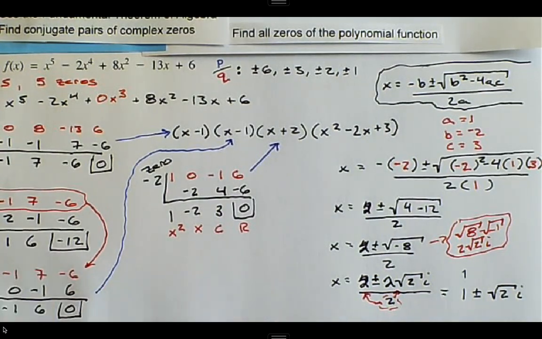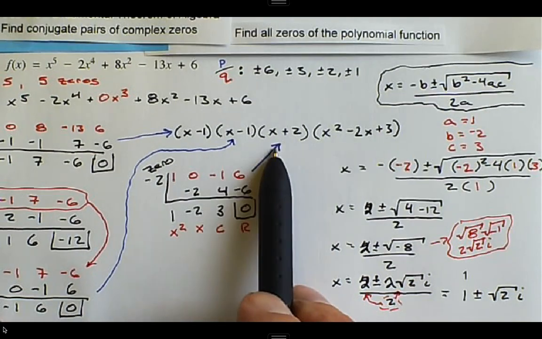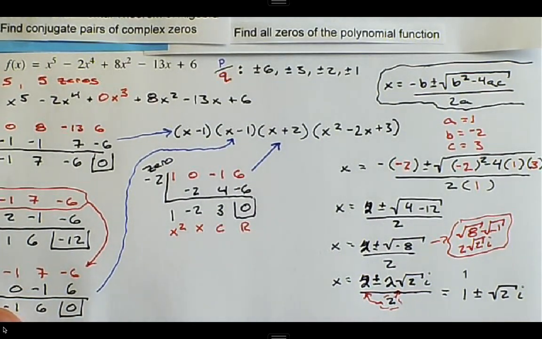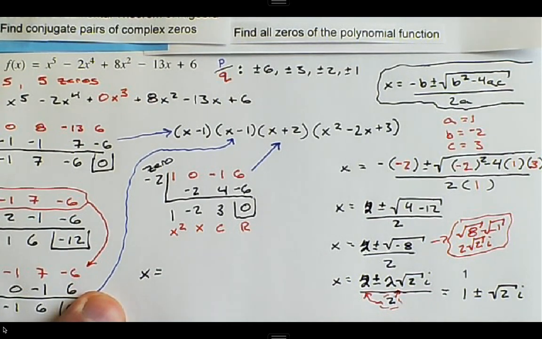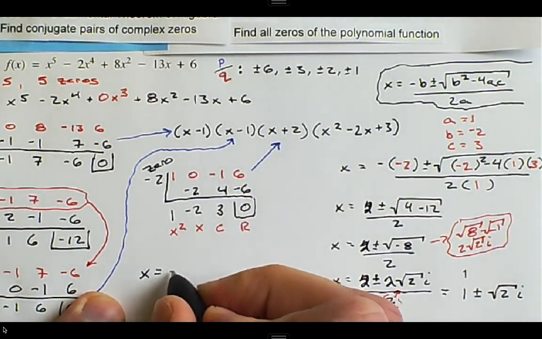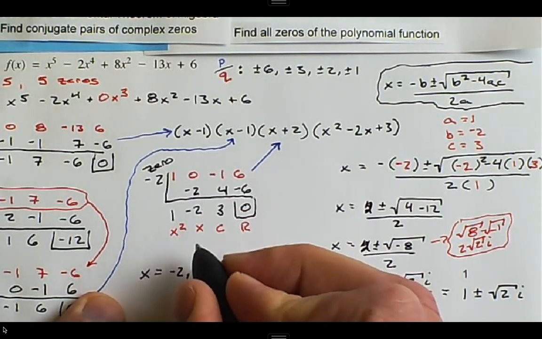And so we have 1, 2, 3, and then we have 4, 5 zeros. And so our solution to this is x equals, we know that we have a solution at negative 2. We know that we have a solution at positive 1.